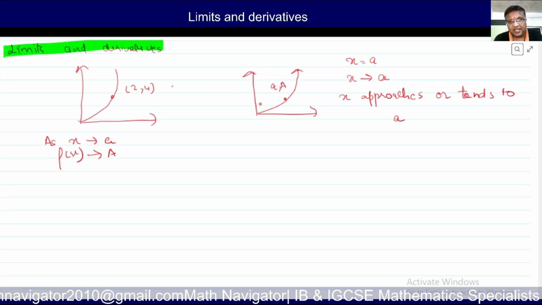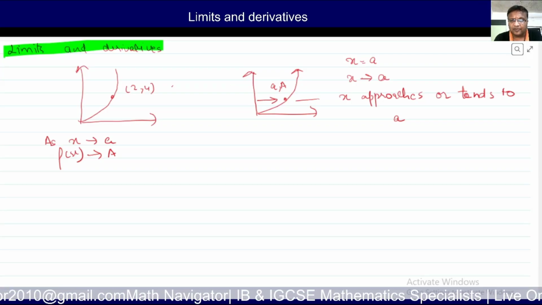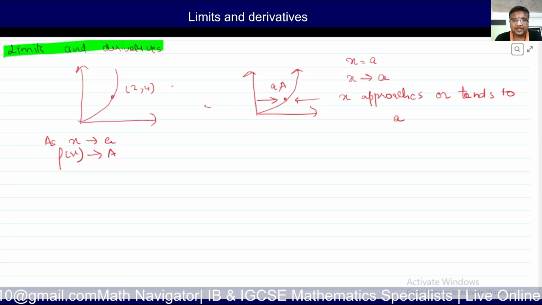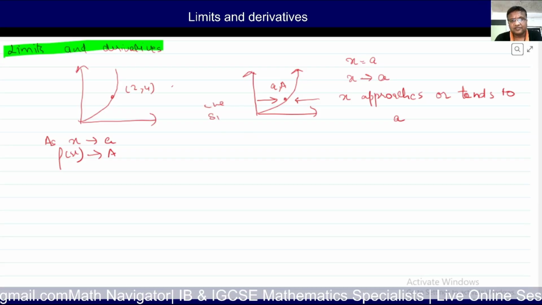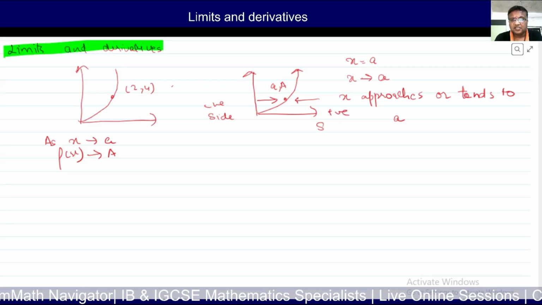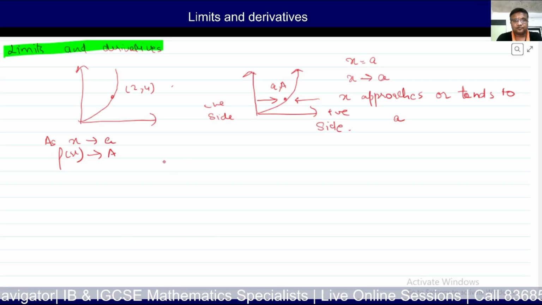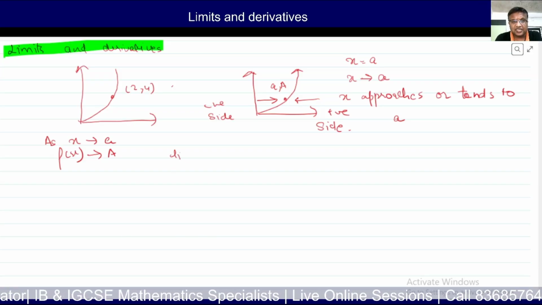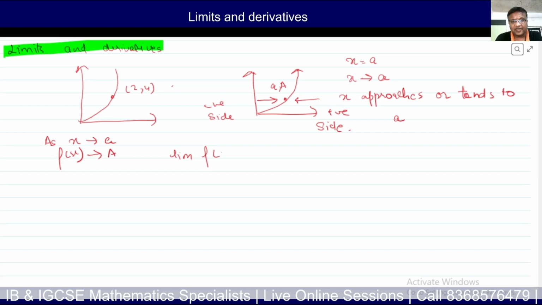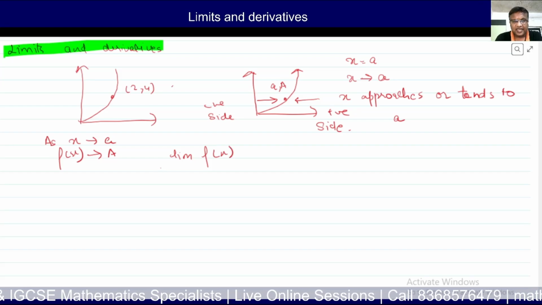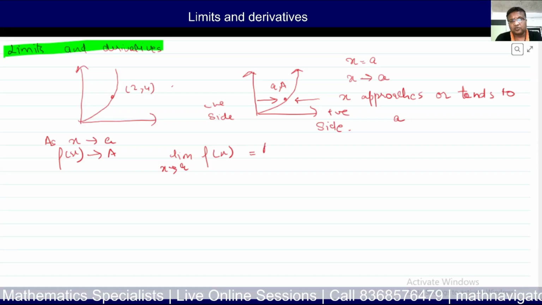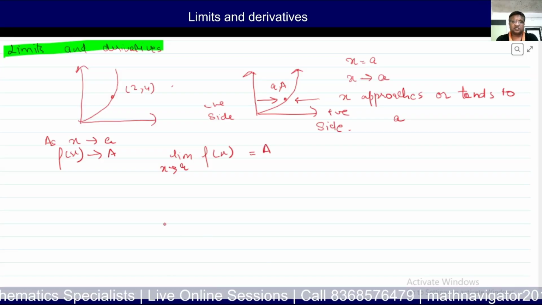This A I can approach from the left hand side or I can approach from the right hand side. This is the negative side and this is the positive. So how do I write it? This is read as limit f(x) as x tends to A is equal to, this is what it means.